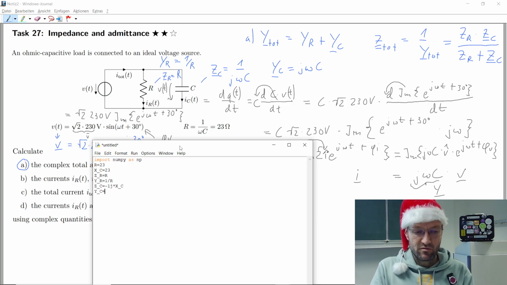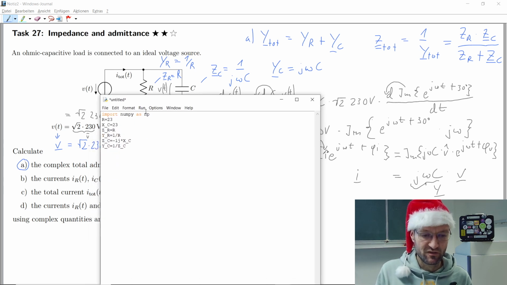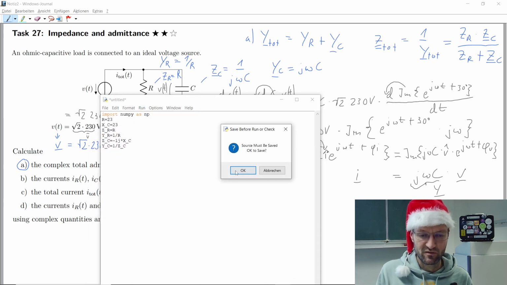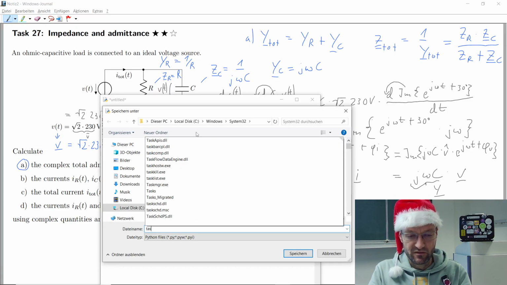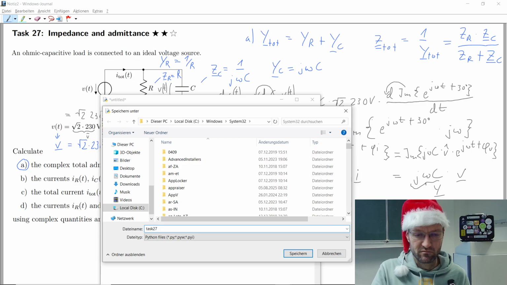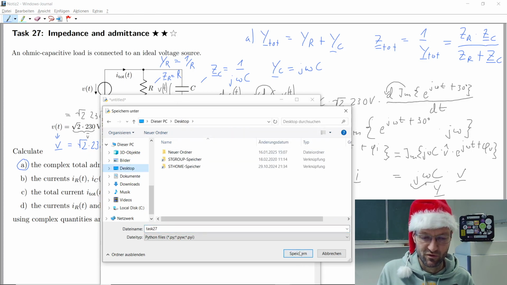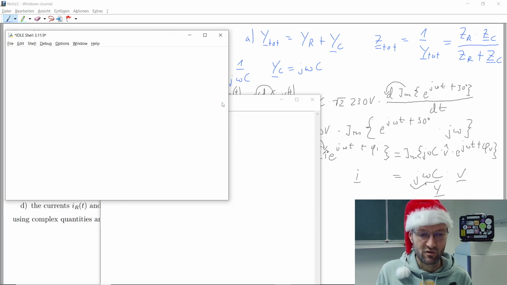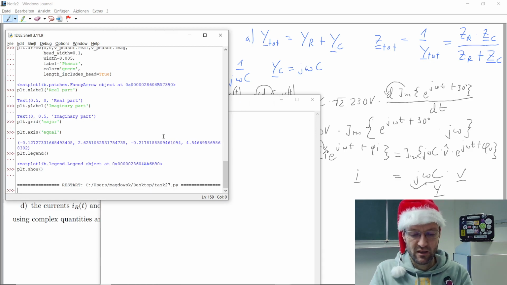And the admittance is just 1 over the impedance, for example. This would be an easy way to do this. And then I will run the script. Save it as task 27. Oh, it would like to save in the systems folder, so I will just save it on my desktop. And then it's restarting here.